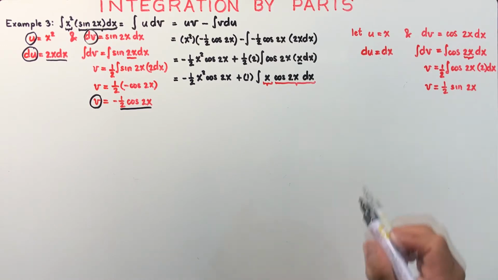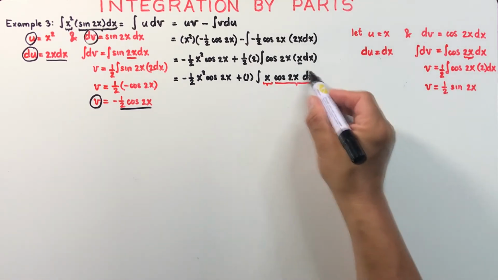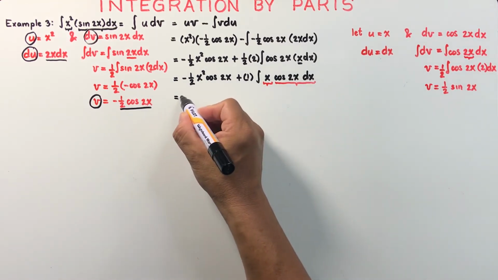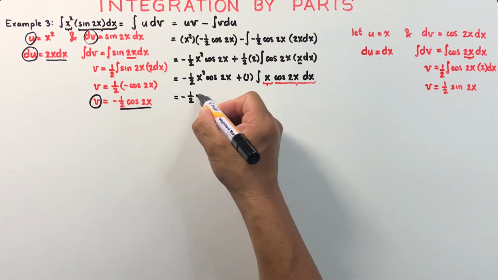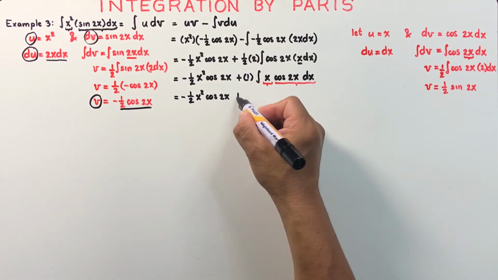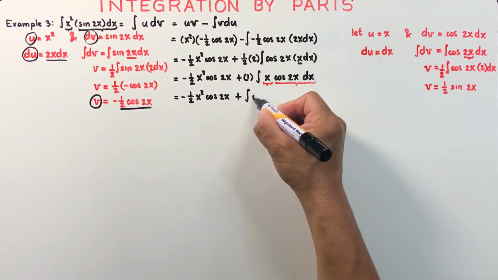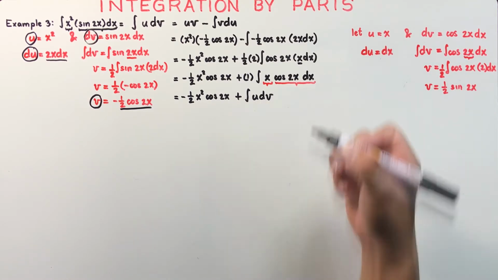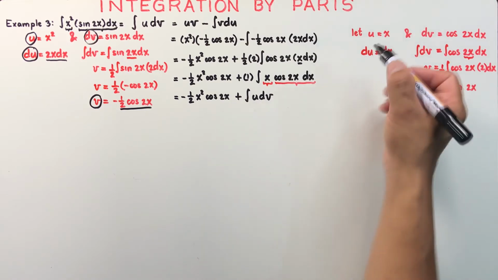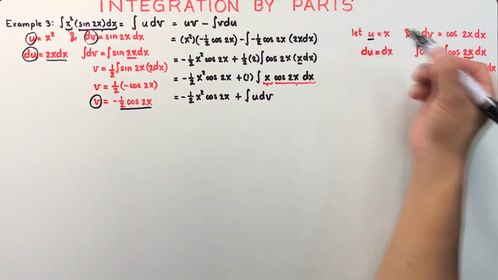So substituting this one to our integral here, we have negative 1/2 x squared times cosine 2x plus the integral of u dv, because instead of writing x, you will write u, because that is our representation here.